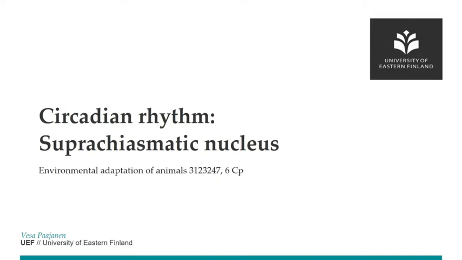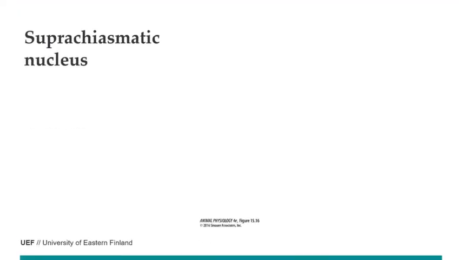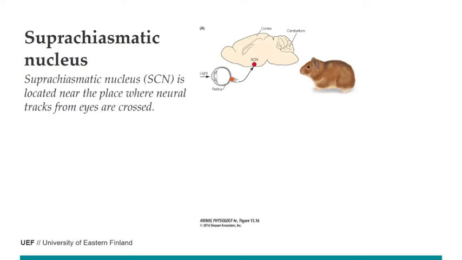So we know the basic mechanisms, and now we are going to the location. In the vertebrates, it's called the suprachiasmatic nucleus. Suprachiasmatic nucleus is a pretty complicated word, but it's understandable when we remember that it's located in the place where the neural tracts from the eyes are crossed.